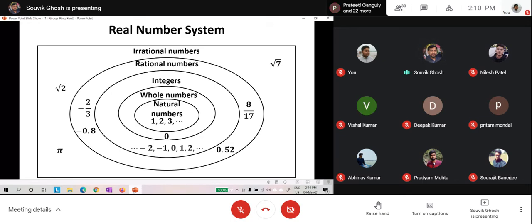But this is actually not all about the real number system. When you talk about the real number system, we always have some operations with us, like addition, multiplication, subtraction, division. This real number system along with an operation forms an algebraic structure. So an algebraic structure is nothing but a set along with one operation.